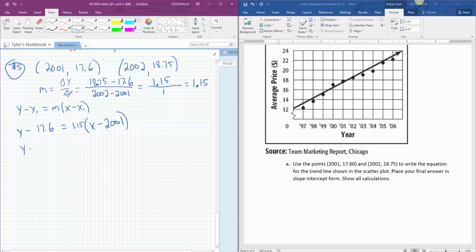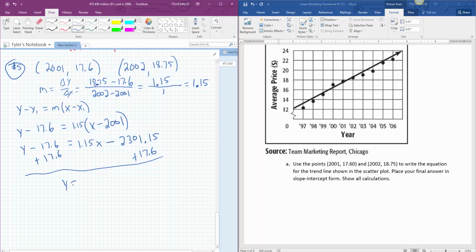So we'd have y minus 17.6 equals 1.15x minus, take 1.15 times 2001, and I get 2301.15, right? So then we would add 17.6 to both sides.